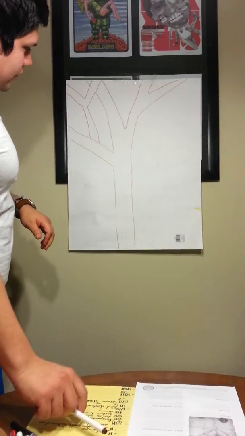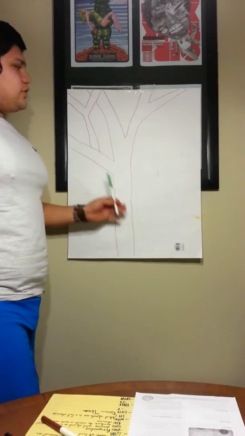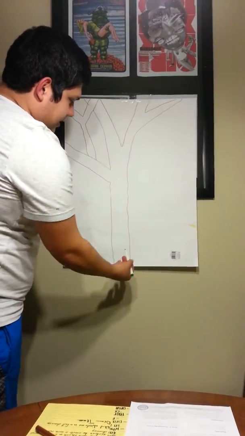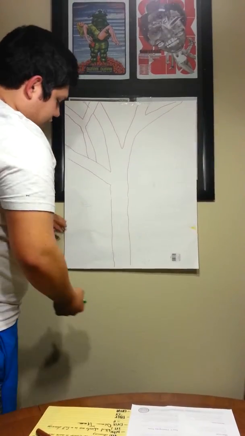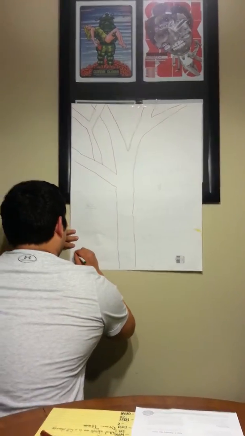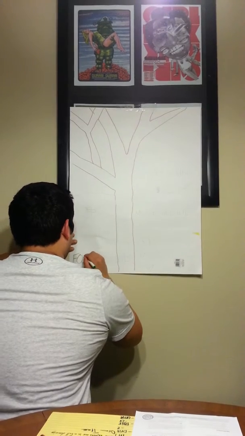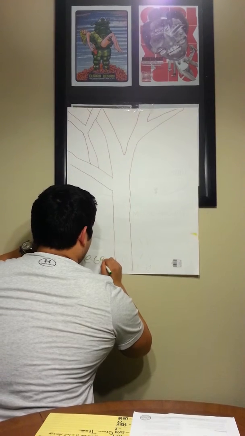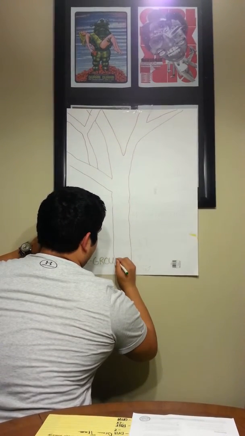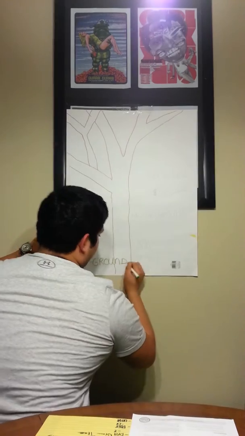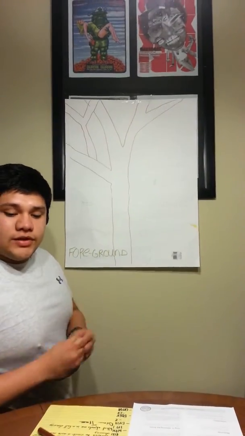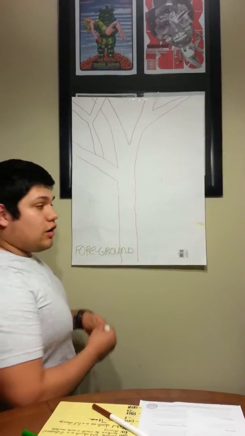After I drew my tree, I can now see a little bit more of how my tree has become my centerpiece in my drawing here. Since it's in our center and it's the biggest thing in our picture, it's going to be in our foreground. Our foreground is going to have items in it that are our biggest.